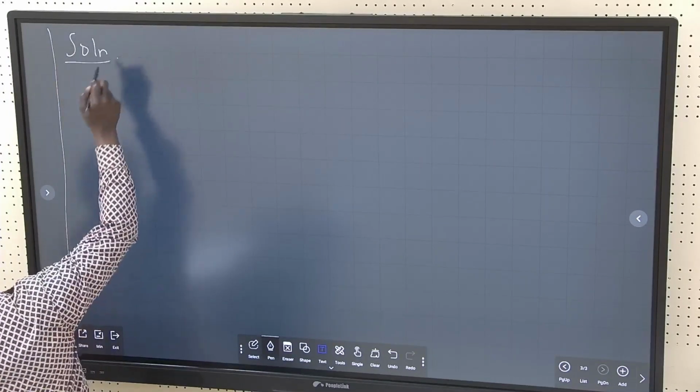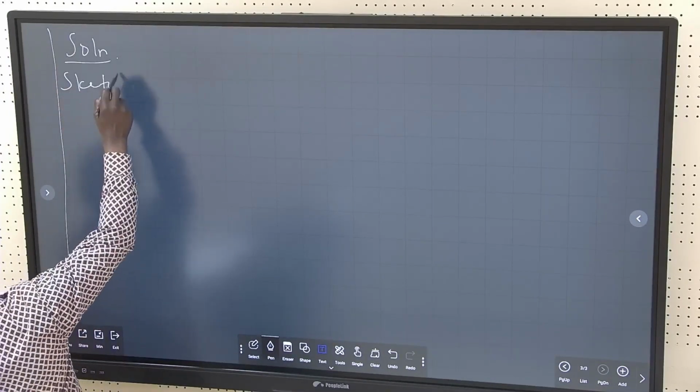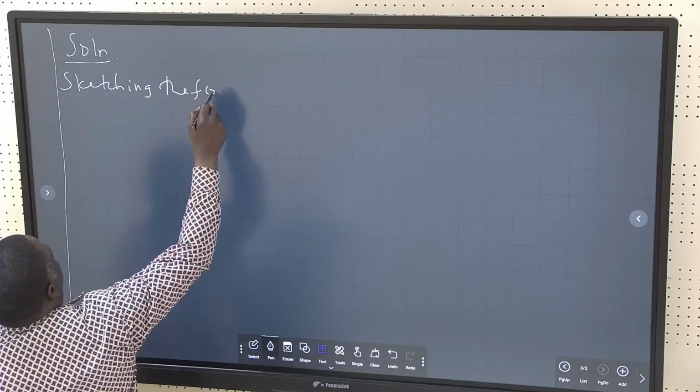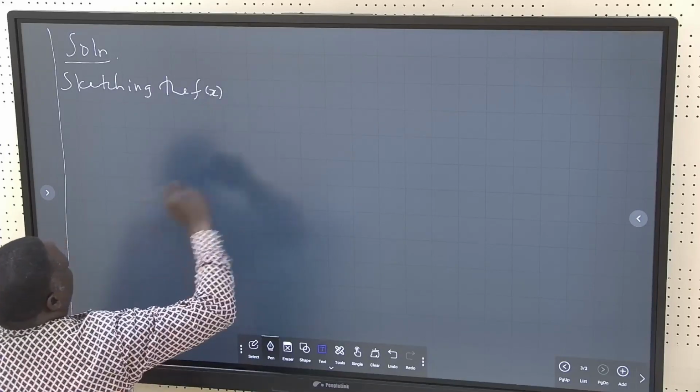Solution: sketching the function f of x.